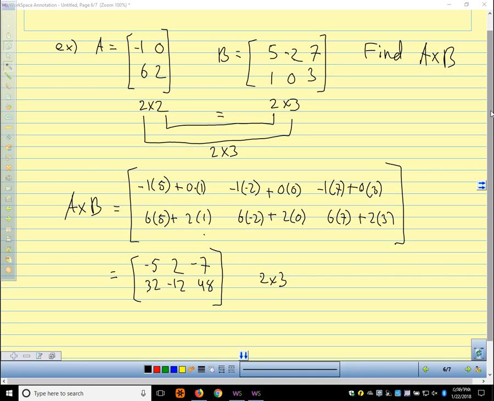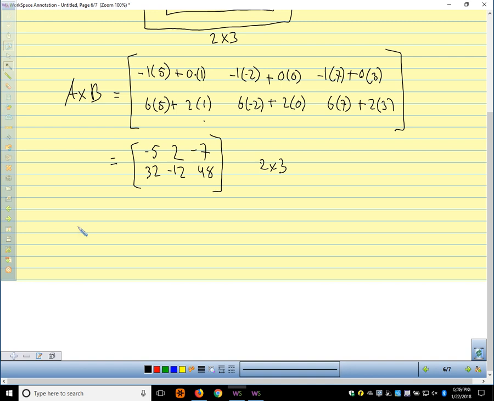All right, I want to do another one. We'll do a 2 by 2 this time. So let's say we want to do 2, negative 5, 9, 7, and we want to multiply that by 3, negative 1, 3, 6.